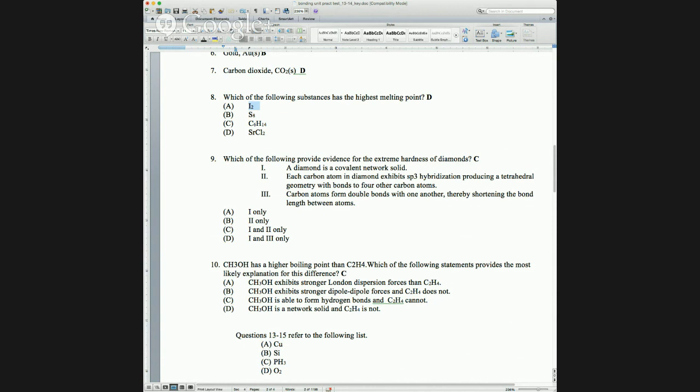C6H14, which is hexane. And that's big, but it is nowhere near the size of I2. Hexane would be more like a liquid. Again, non-polar. So far we've had 3 non-polar molecules, which leads us to D. D is SrCl2. That's a metal and a non-metal.